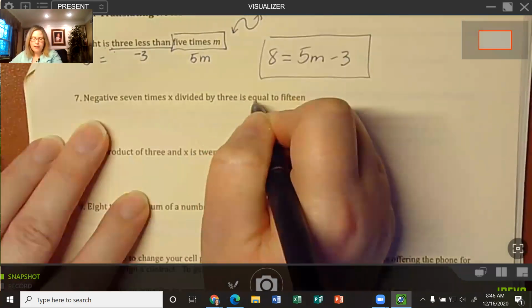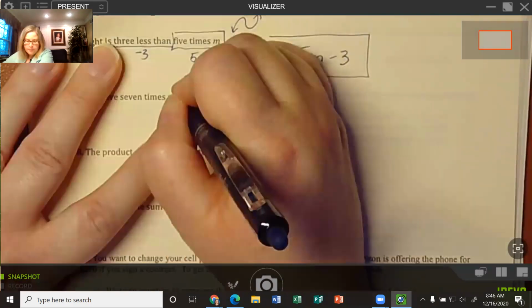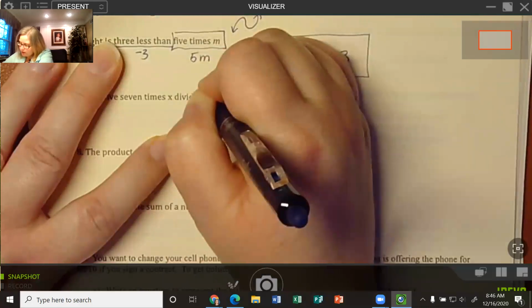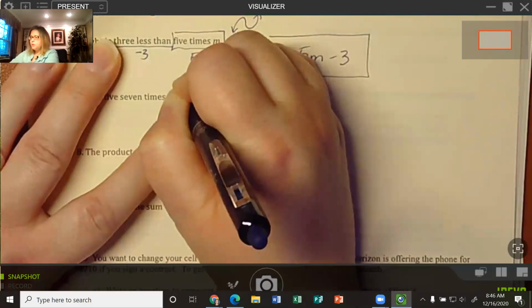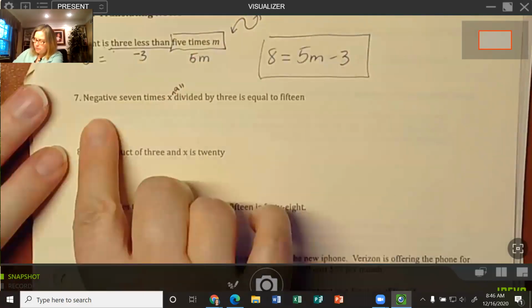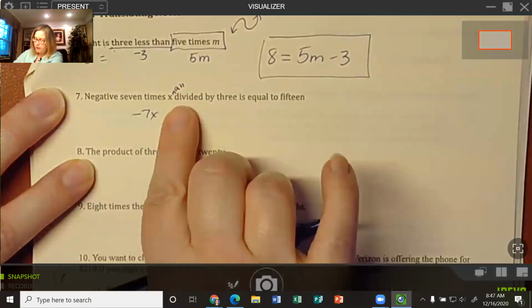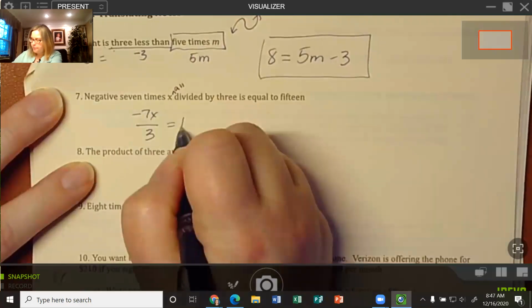So -7 times x, let's add in the word "all" right here, all divided by 3. Okay, so -7 times x. This gets divided by 3. So over 3 is equal to 15.